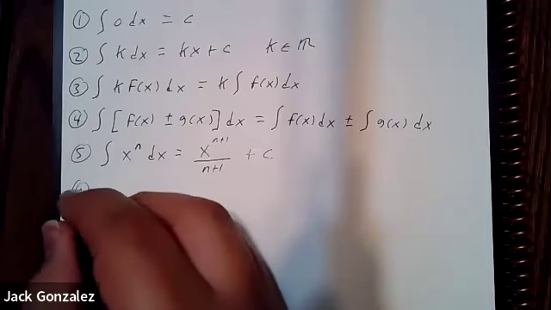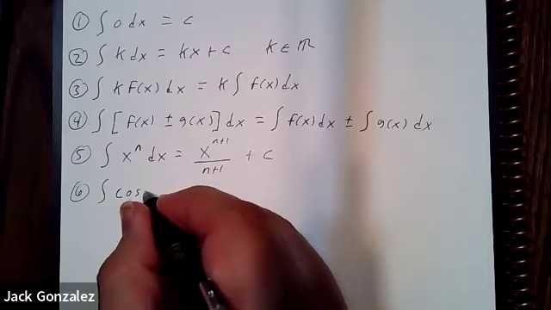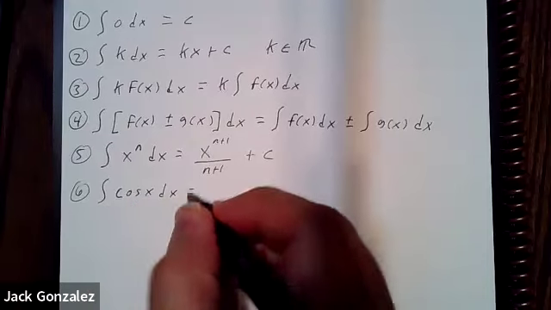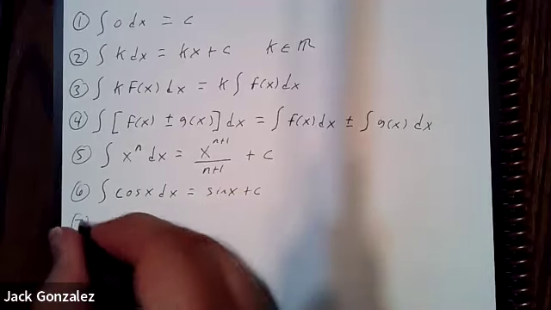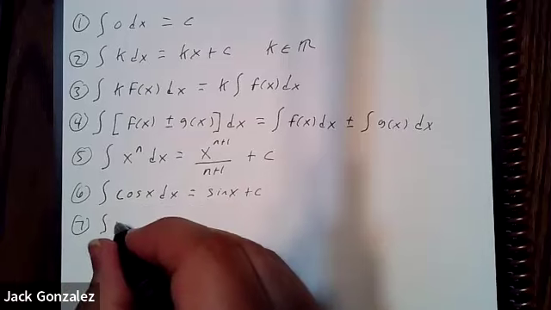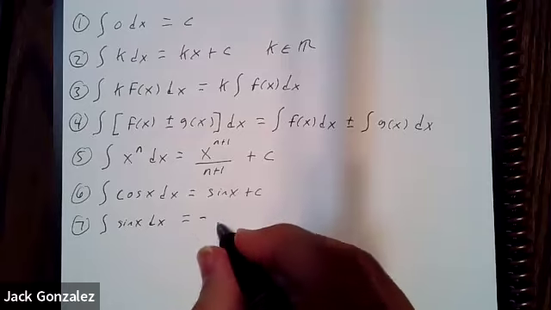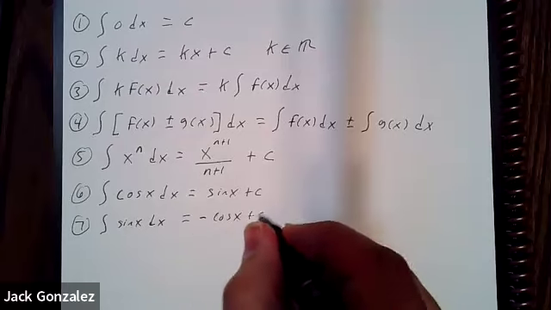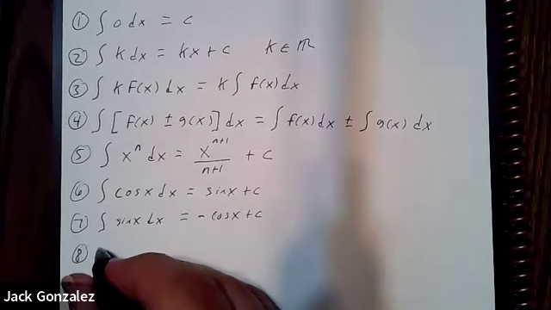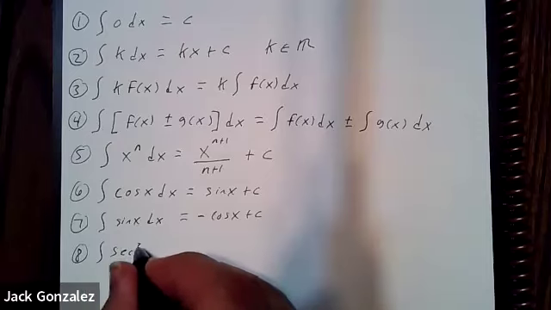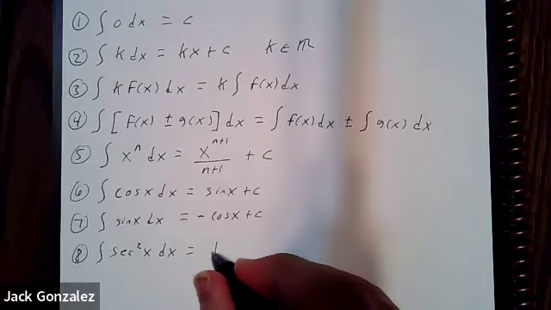Number 6, here are the trig ones. Integral of cosine x dx is equal to sine x plus c. Integral of sine x dx is equal to negative cosine. Number 8, integral of secant squared x dx is equal to tangent.